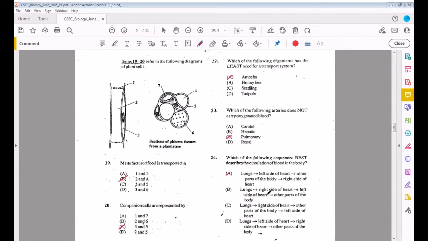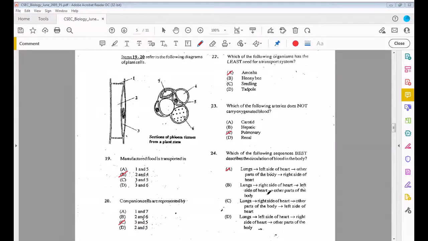Item 19 to 20 refers to the following diagram of plant cells. So 19, the manufactured food is transported in B, 2, so the 2 here, and 4, right? This is just the flat drawing, and this is from a section.